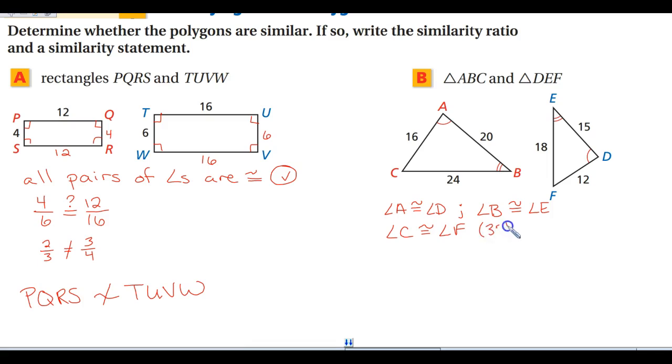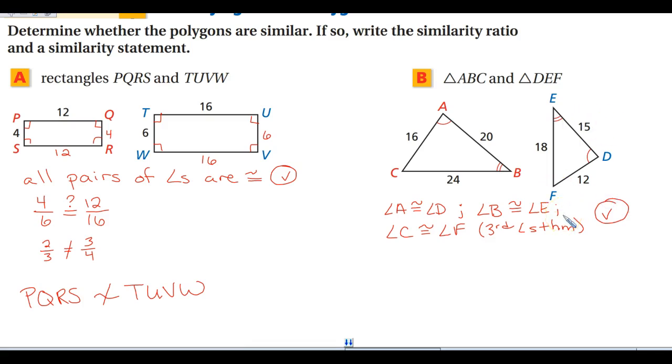That is my third angles theorem. I know that two pairs of angles are marked congruent, so that means that the third pair must also be congruent. So I know that all of my angles are congruent. That is a check mark that I need.